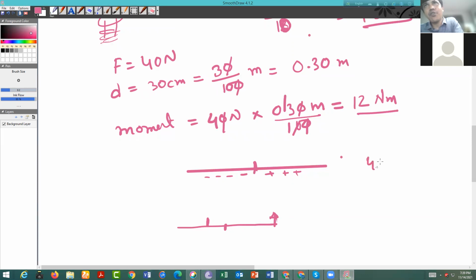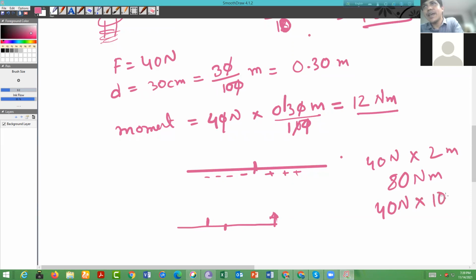If I give 40 Newton and distance is 2, the moment will be 80 Newton meter. If we give 40 Newton and distance is 10, it will be 400 Newton meter, which is much bigger for the same force. So if you want to provide higher force with less effort, you will need to go far from the pivot point.